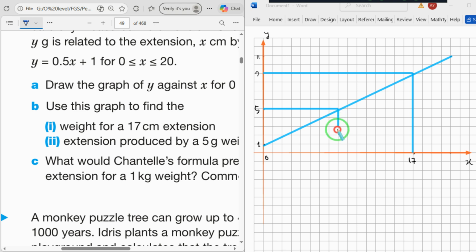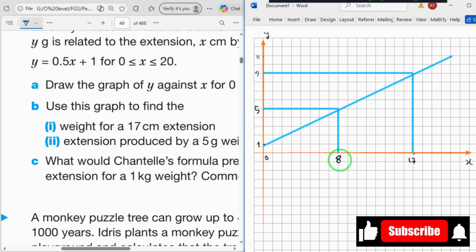Then we come down to this point and we count. When weight increase is 5 gram, the extension will count 1, 2, 3, up to 8. This is 8. It means when we add 5 gram to the spring, it extends actually 8 centimeters.